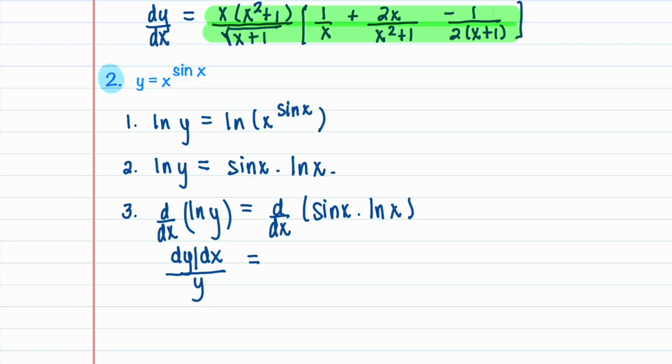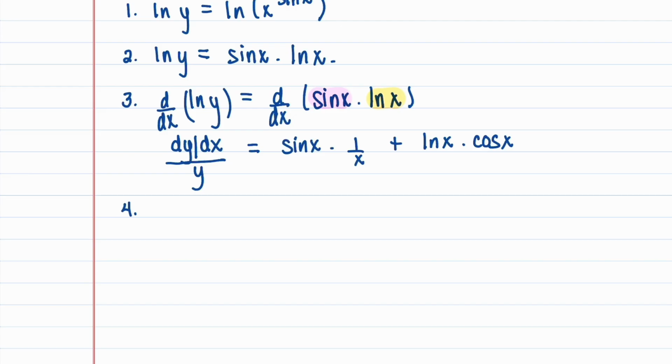And then on our right-hand side, we have a product. Here's our first function, and here's our second function. So we're going to use the product rule. So we're going to have the first, which is sine x, times the derivative of our second function. The derivative of ln x is 1 over x, plus our second function, ln x, times the derivative of our first. The derivative of sine x is cosine x.